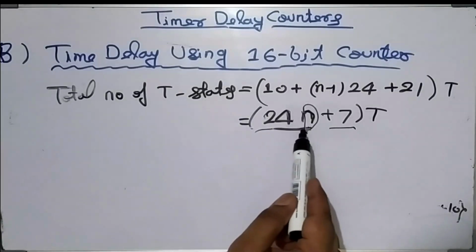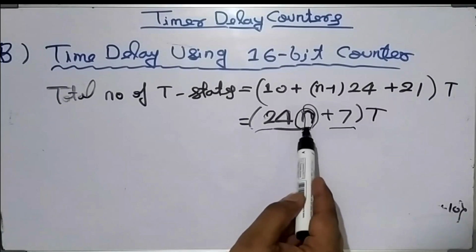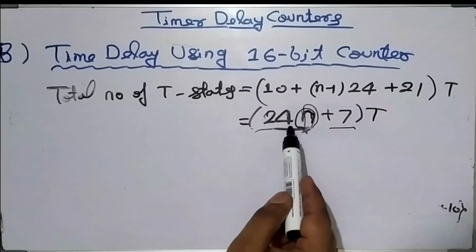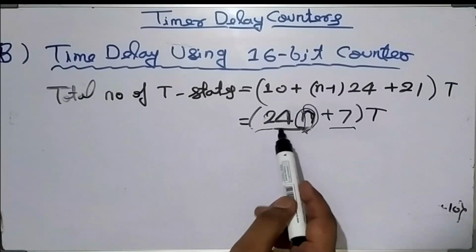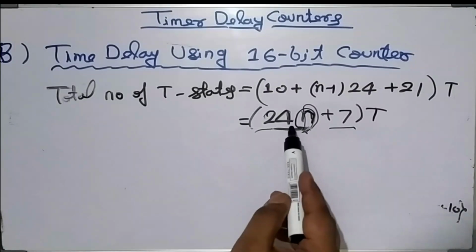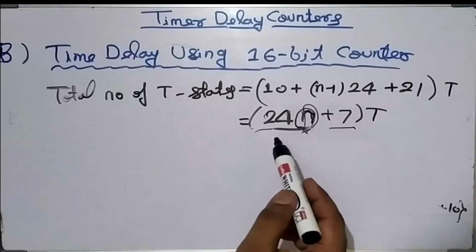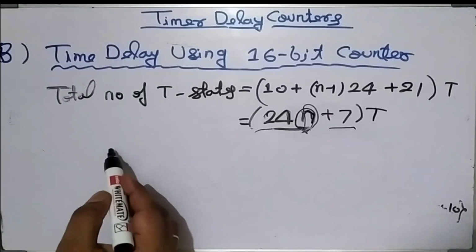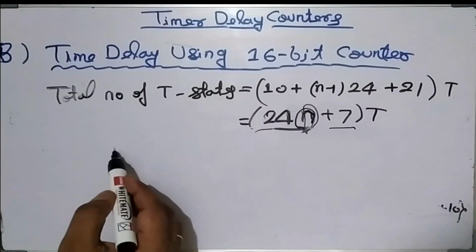What is the maximum value of n possible here? N is the number which can be written in register pair BC. BC is used for storing this n, meaning BC is a 16-bit register, and we can write at maximum a 16-bit number, FFFF.